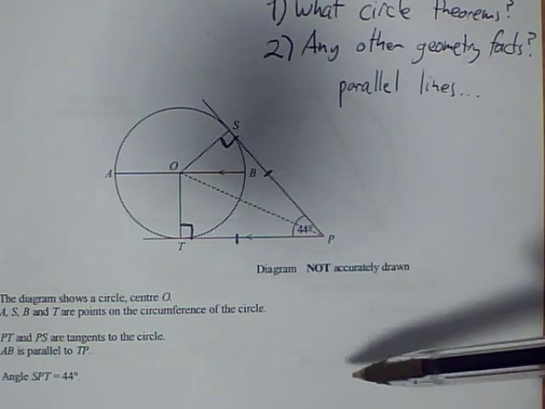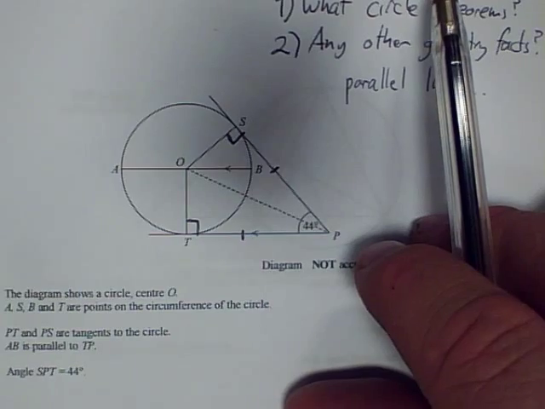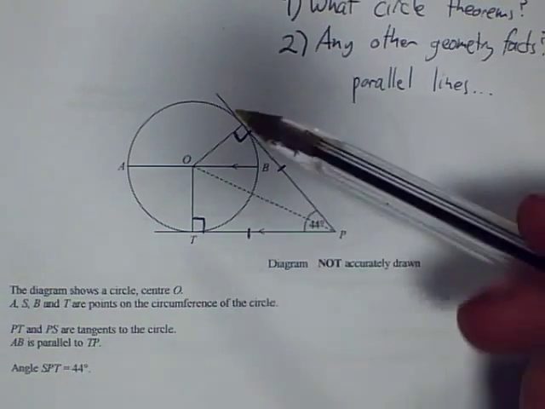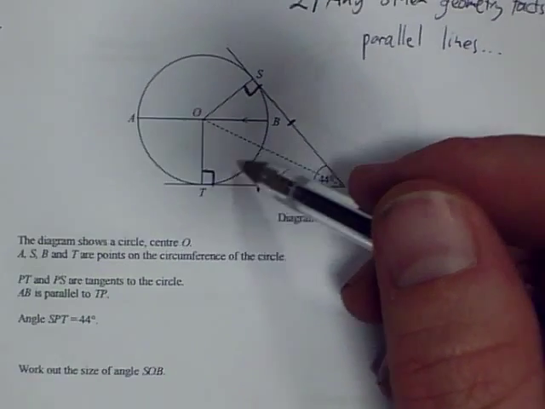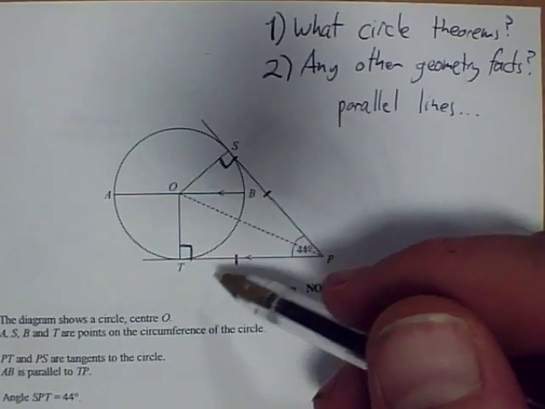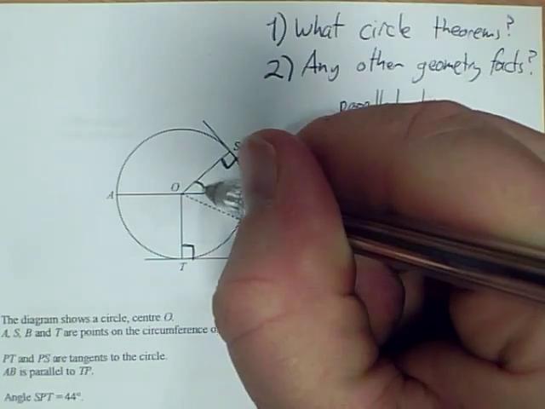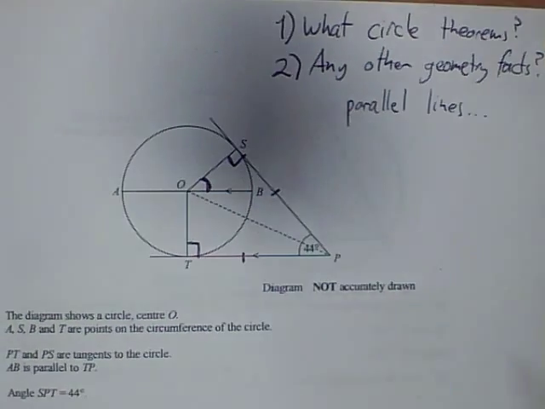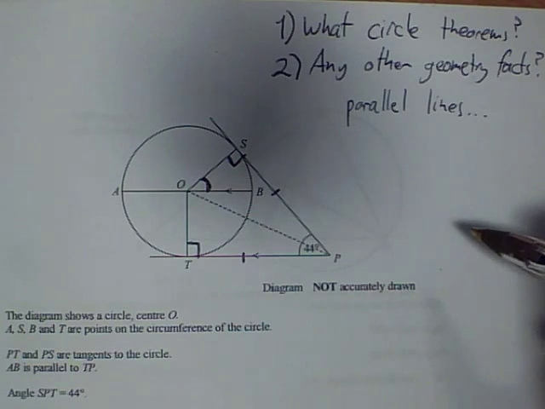And that's before I've really looked at what the question's asking me to do. The question's asking for the size of angle SOB. So here's my angle SOB, that's the one I'm trying to find, and I need to be a detective going at it.